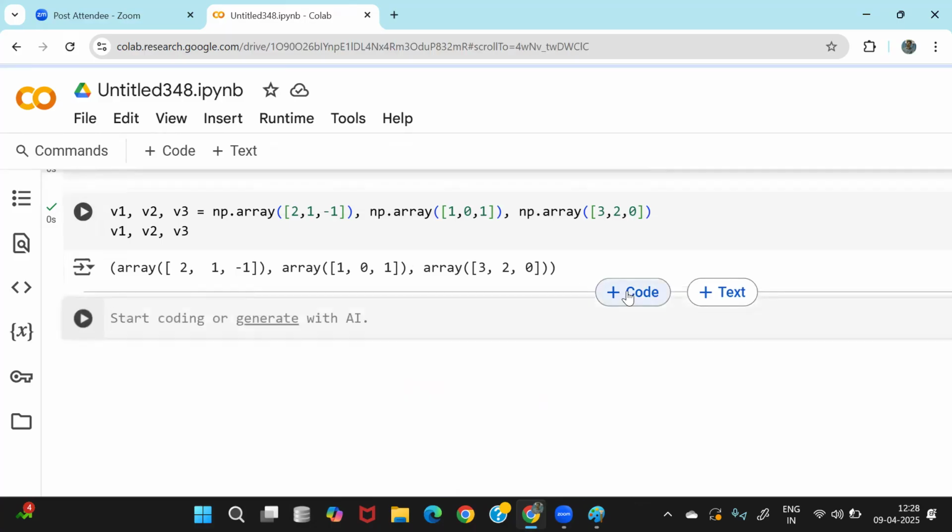Now we are going to convert them into orthogonal vectors by using the Gram-Schmidt algorithm or rule. Now let u1, u2, u3 be orthogonal vectors.